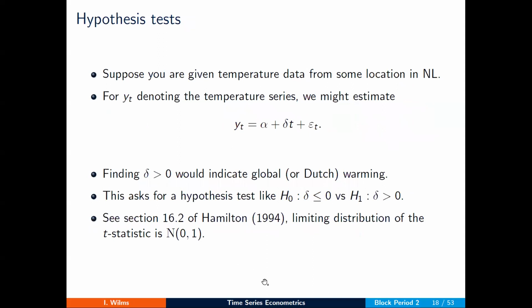Despite that fact, their standard errors have offsetting asymptotic behavior, such that the test statistic still follows a standard normal. That is nice, of course, because then we can rely on our classical inference toolkit.